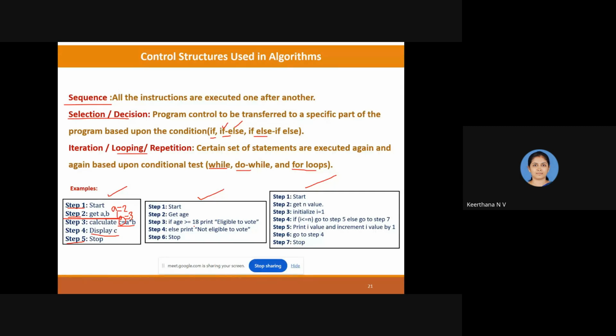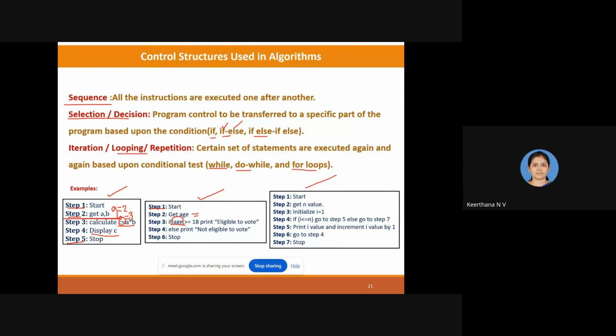So you have to give the condition that age is greater than or equal to 18. For that, you first have to get the input of a person: what is the age of the person? So I have written step 1, start the program. Step 2, get age from the user, or get age equal to whatever age you are going to check.